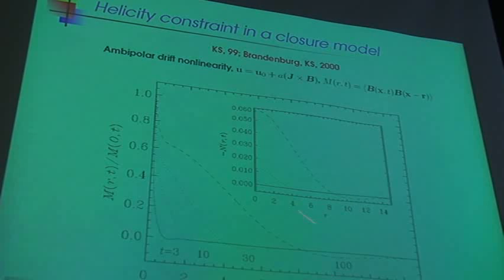In the inset is shown what happens to the magnetic helicity correlations. In the beginning it is exactly 0, and very, very slowly, as the spreading out occurs, the helicity grows. The helicity correlation at the origin is the magnetic helicity average, and it actually keeps increasing.